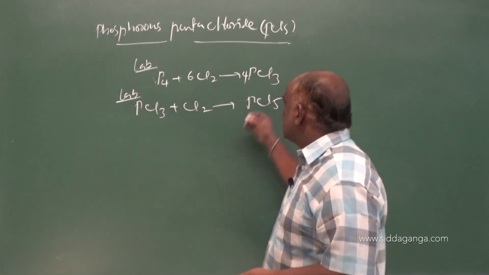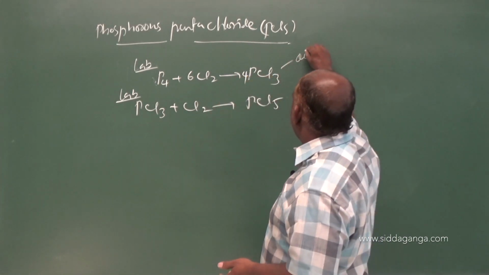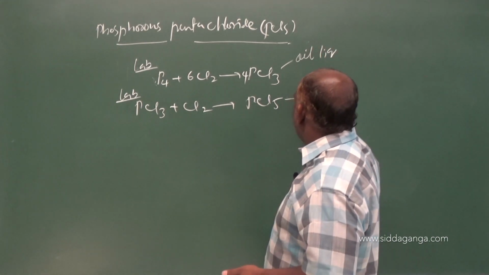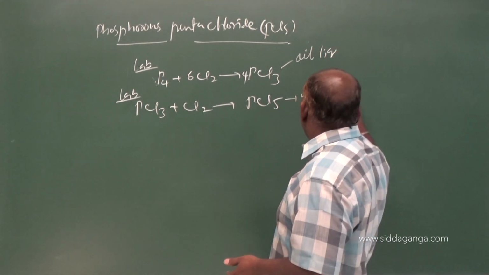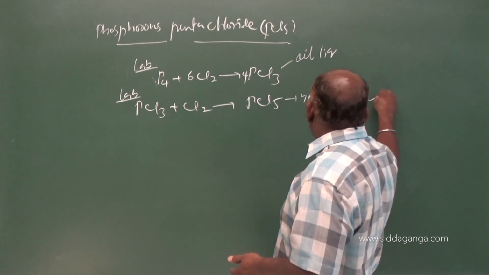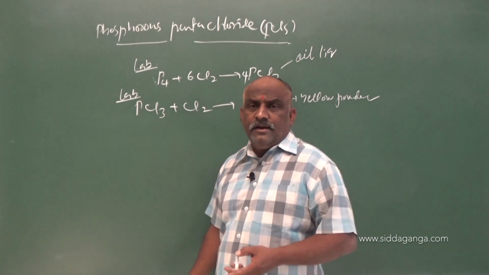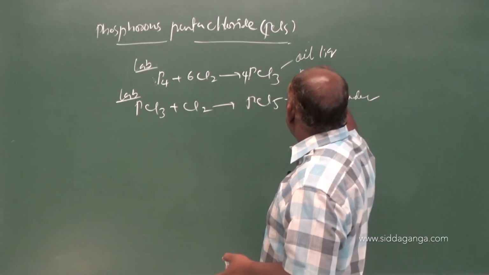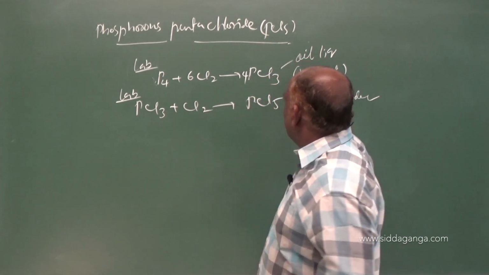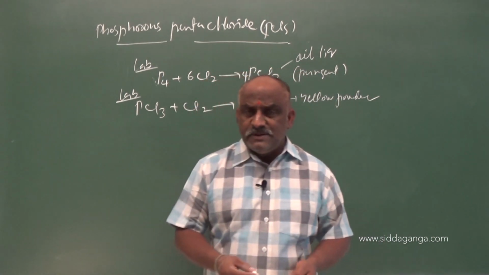Phosphorus trichloride is an oil-like liquid, and phosphorus pentachloride is a yellow powder, and both have what smell? Pungent smell. Both have a pungent smell.